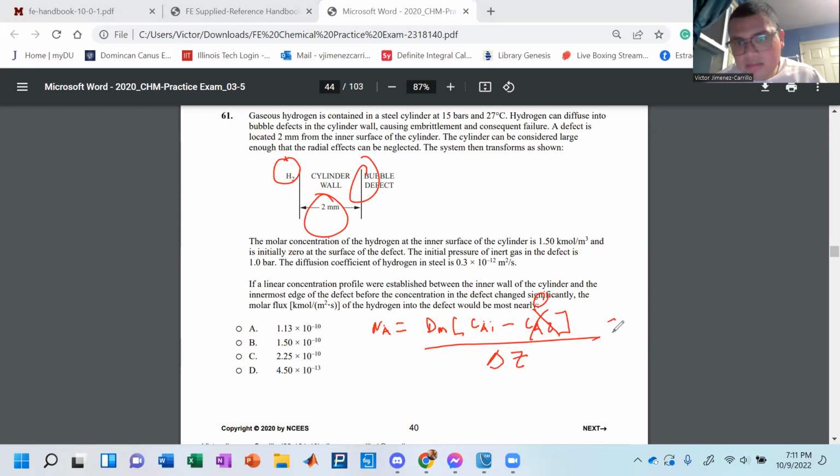So it'll be 0.3 times 10 to the negative 12, multiplied by the concentration, which was 1.5, divided by the 2 millimeters, which I'll turn into meters because everything needs to be in SI, so I'll divide by 1,000. And if you plug all that into your calculator, you'll get 2.25 times 10 to the negative 10.